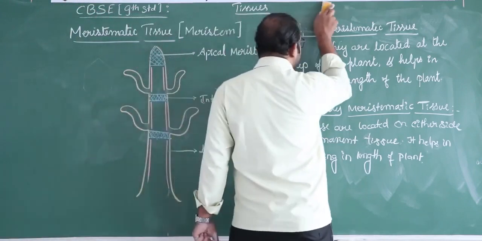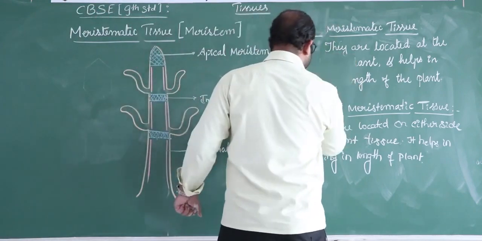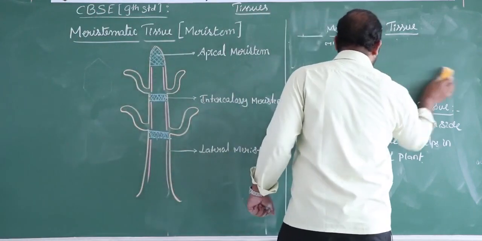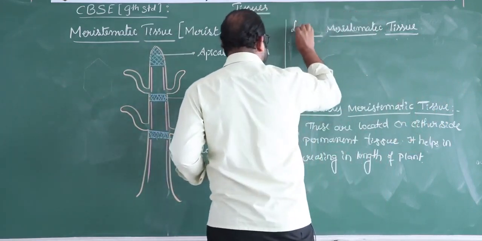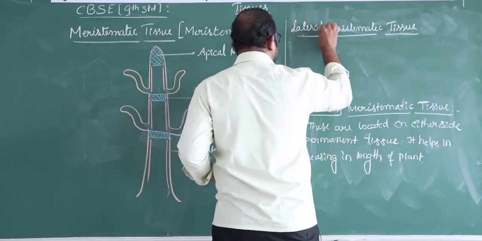So the next one is lateral meristematic tissue.